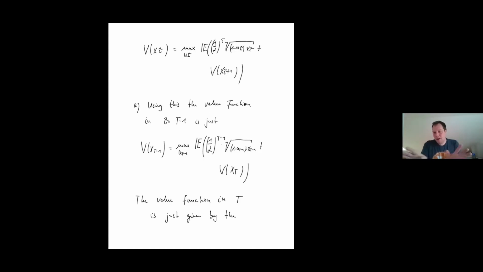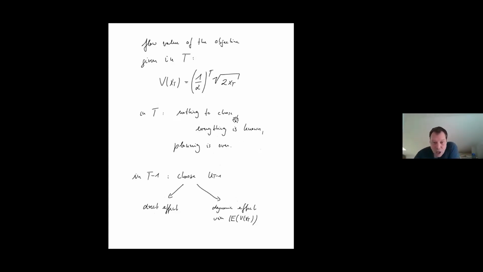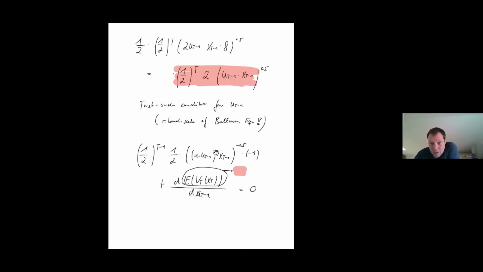If everything is continuous and nice, one thing to do is just to take the first derivative and set the first derivative to 0. And in the general case, we talked about that. We know the contemporaneous effect. This is known. And we have to take into account the dynamic effect.